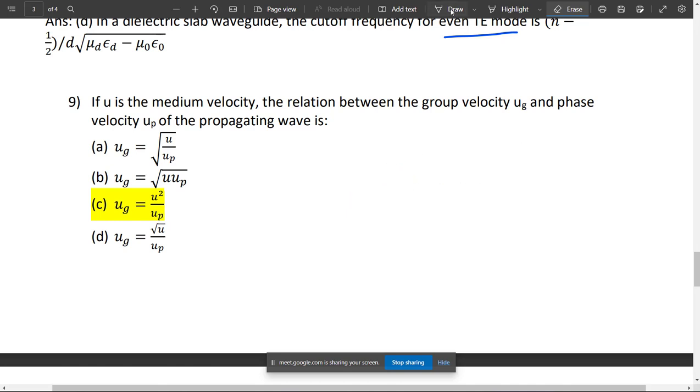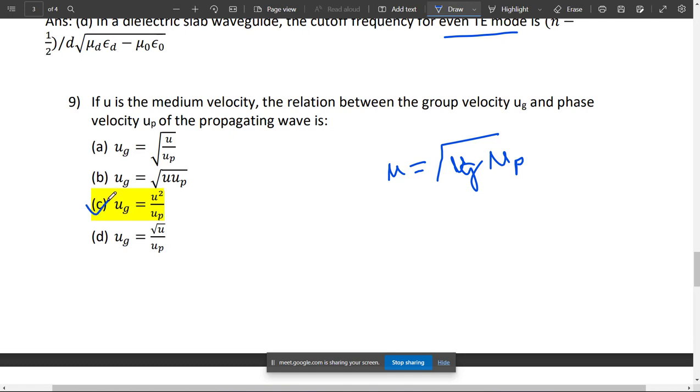So the formula is medium velocity is equal to under root mu g mu p. Shift all these things here and you will find out mu g is equal to mu square upon mu p.